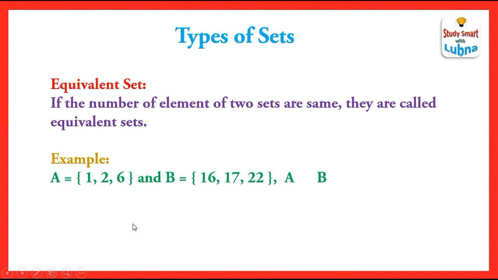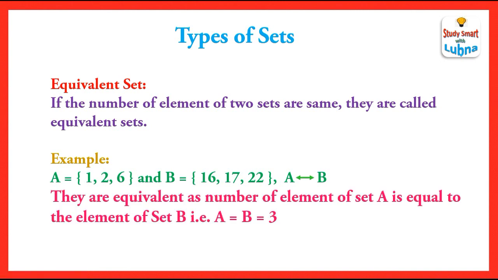Although the elements are different, their numbers are the same, set A having 3 elements and set B also having 3 elements. So we can say set A is equivalent to set B. This is the symbol of equivalent because their numbers of elements are the same. They are equivalent as the number of elements of set A is equal to the number of elements of set B, that is, A equals B equals 3.